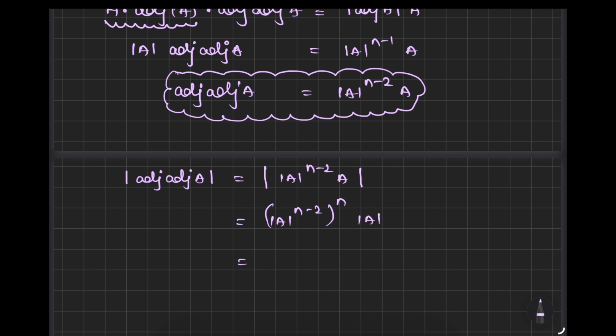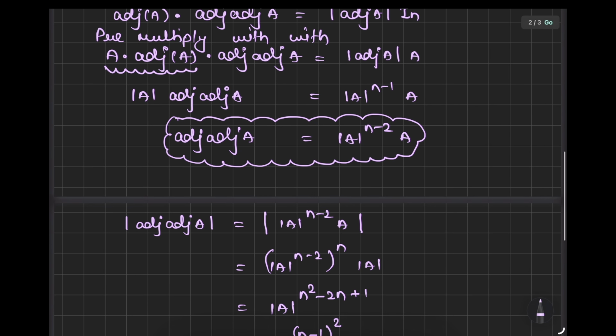So it will look like what? Base same, power add. So can I write determinant of A power n squared minus 2n plus 1, which looks like determinant of A power n minus 1 whole square, for adjoint adjoint A determinant.